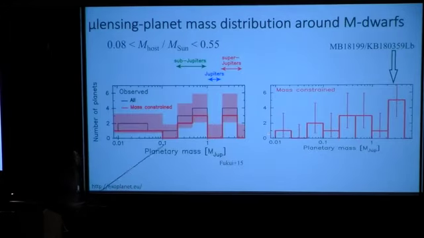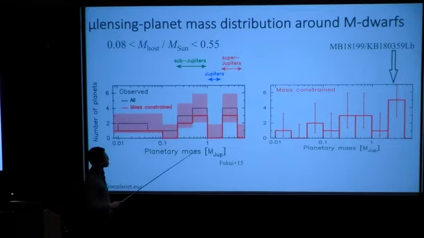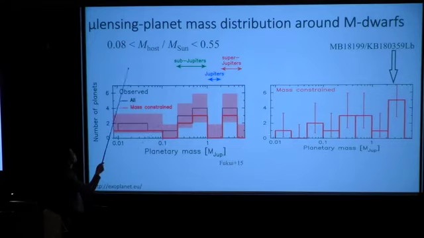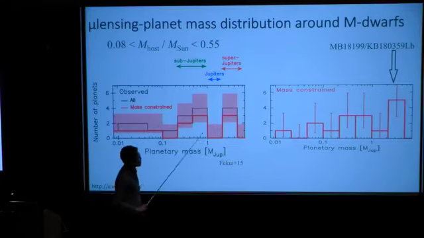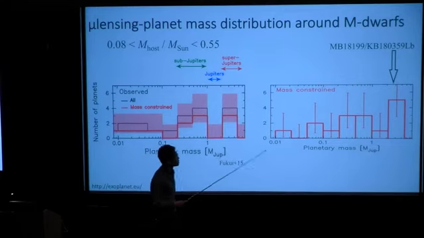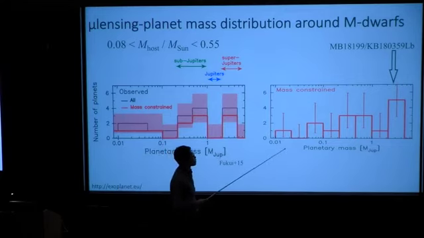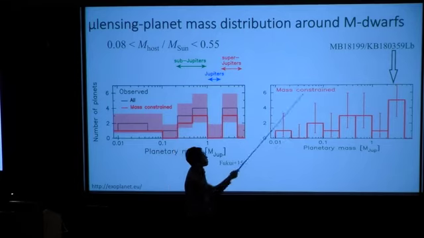Here the left panel is showing the previous mass distribution from Fukui et al. This red histogram is the mass distribution for giant planets by microlensing, and the host stars are low mass stars. So I updated this figure, including the recent discoveries of microlensing and also this event.